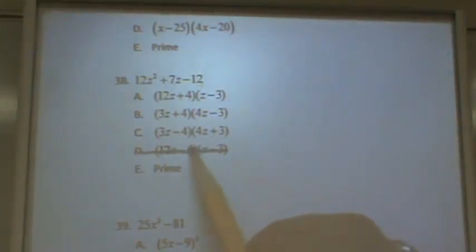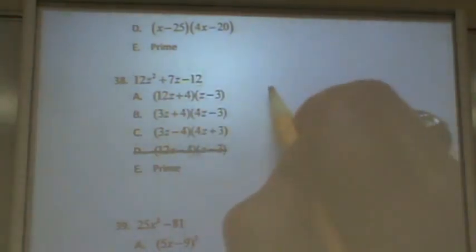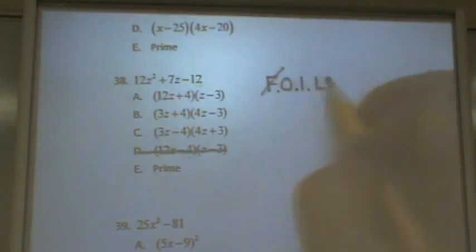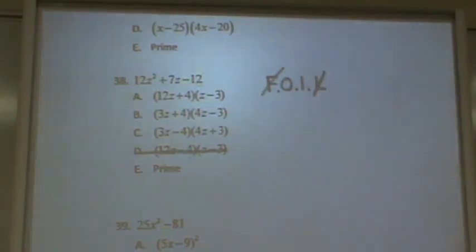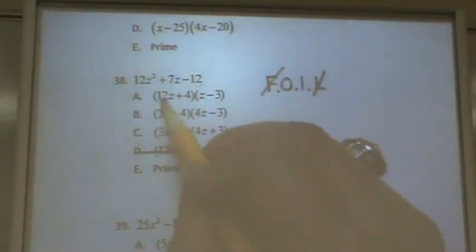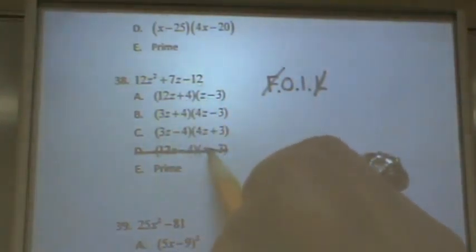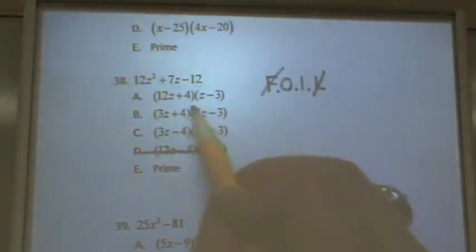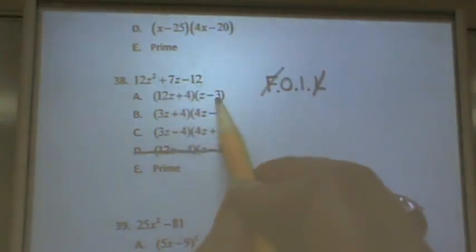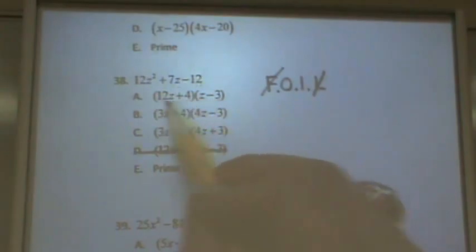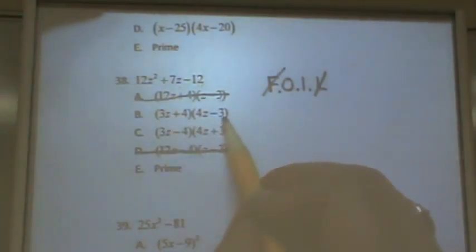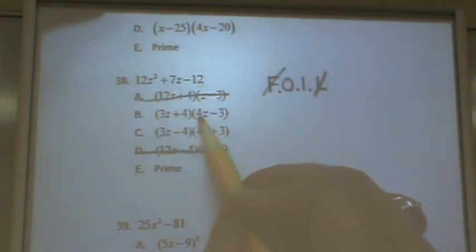Now, if I had to do my whole factoring, I'm not going to FOIL this one. The first and the last one we know were correct. So what I want to do is the outers and the inners. I want to see which two outers and inners multiply and add to be 7. So I already know 12 times negative 3 is negative 36. That's too big. That's not going to work. But what about this? Negative 9 and positive 16.